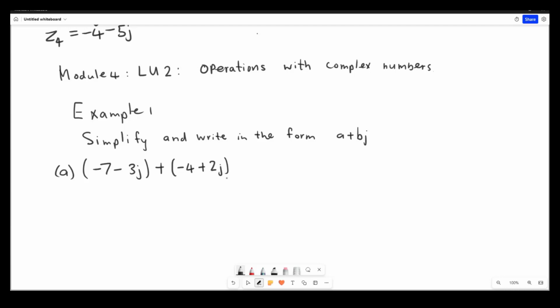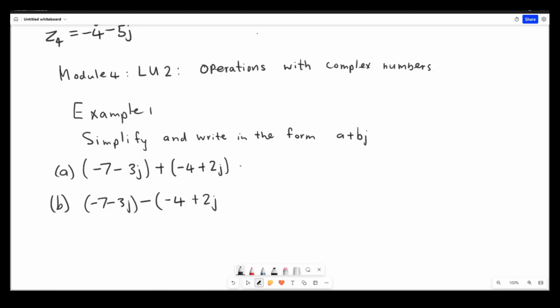I want you to add those, and now I want you to subtract these ones. So the same two numbers, I want subtraction on them now, and see what happens. Let's look at the A part there, guys. We have the same two complex numbers, -7 -3j and -4 plus 2j. First, I request you to add them.